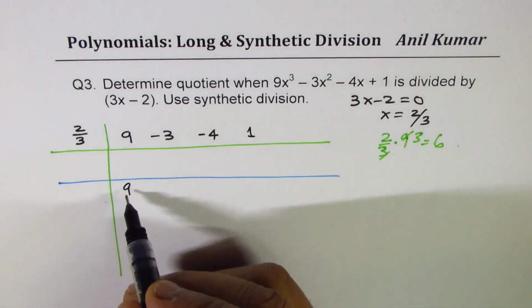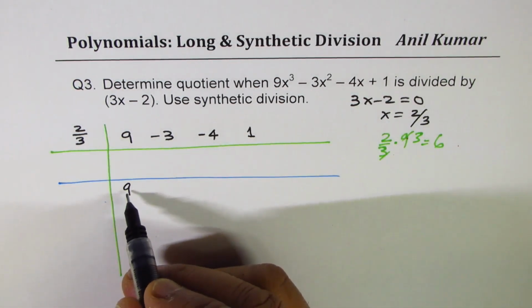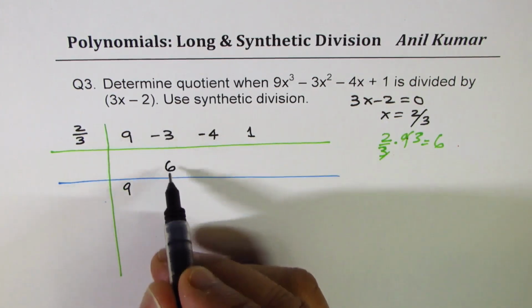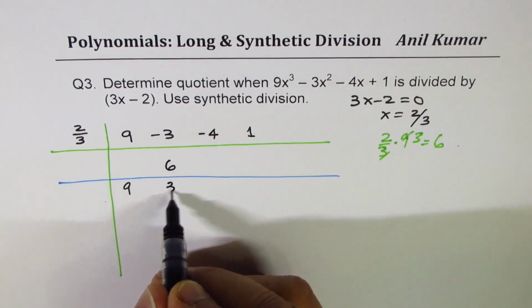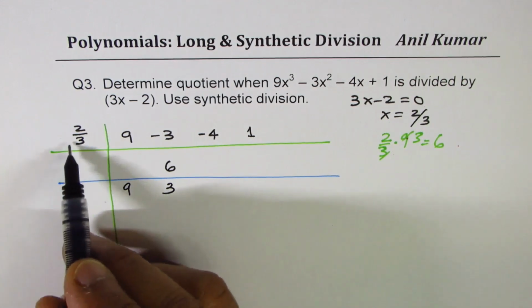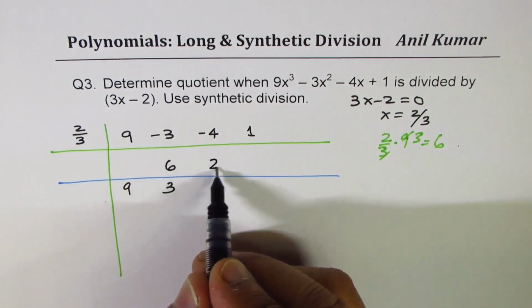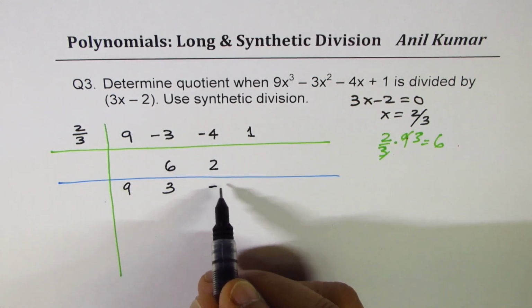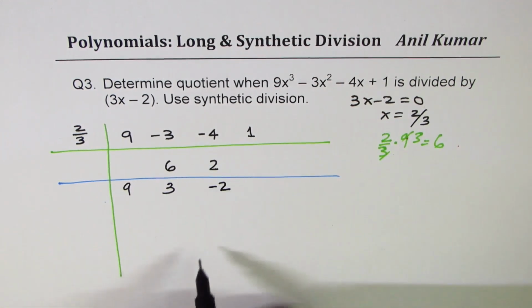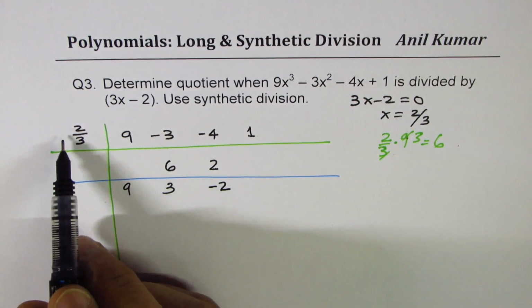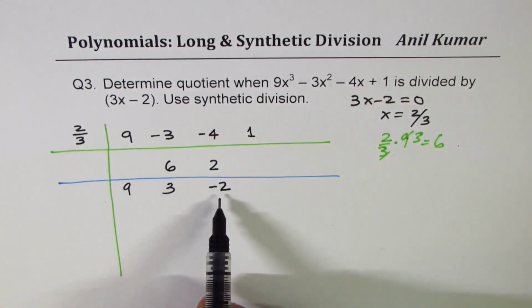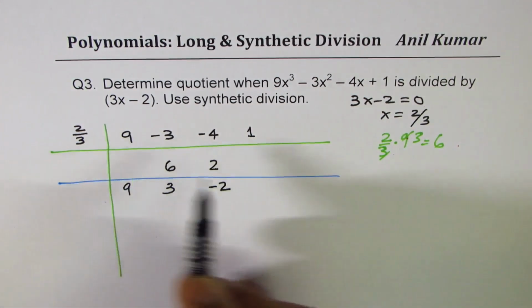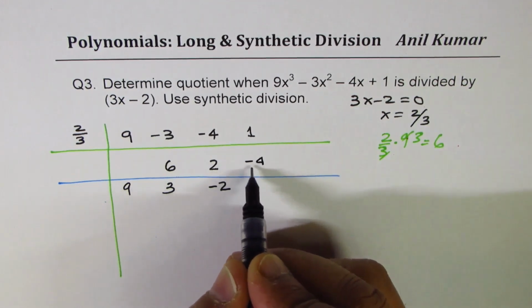So when you multiply, 3 goes 3 times and we get 6 here. When you add them, we get plus 3. Multiplying, denominator cancels, you get 2. Adding will give us minus 2, right? Now this time when you multiply with minus 2, you really get minus 4 over 3.